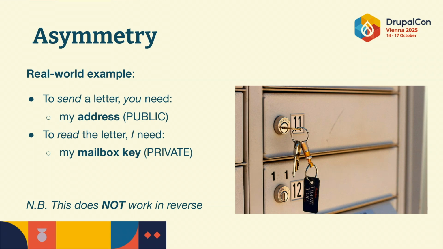I need my key that nobody else has access to, to open the mailbox and get the letter that you sent me. So this idea of public and private is important and is going to come back as we go. But the most important element of this in terms of asymmetry is that it doesn't work in reverse. My having a key to my mailbox doesn't help me send you a letter, right? At all. So that's one of the really important elements of this that will come back in a moment.